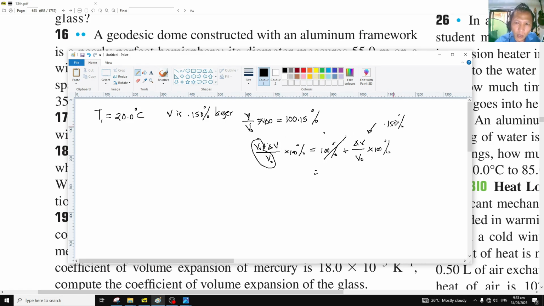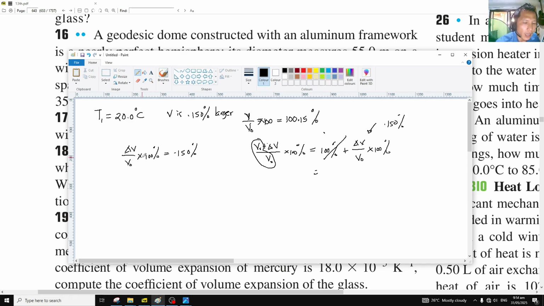I can use this formula, but I can also use this one: delta V over V0 times 100% is equal to 0.150%.